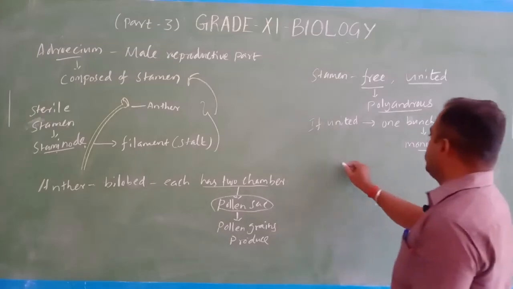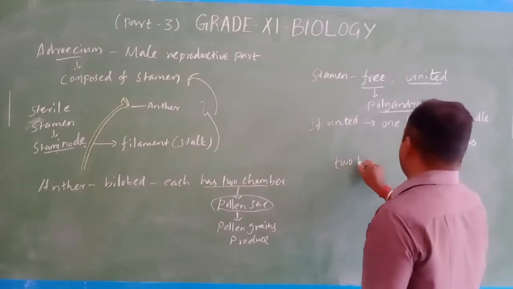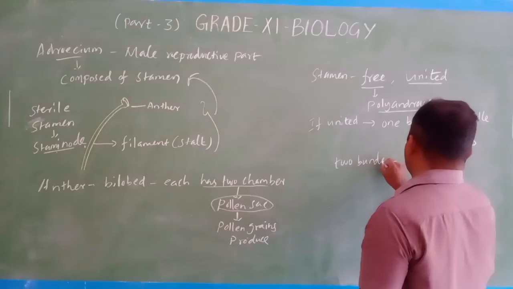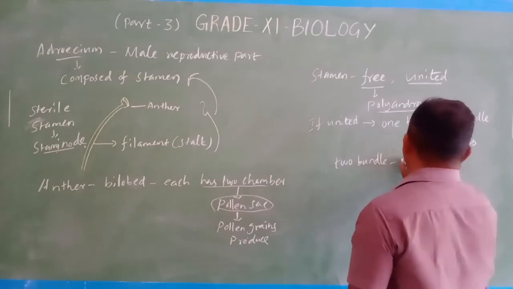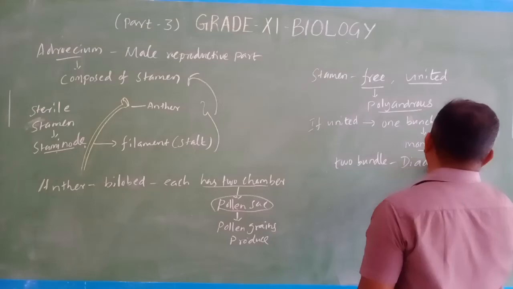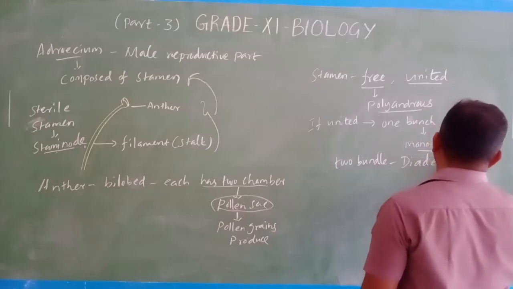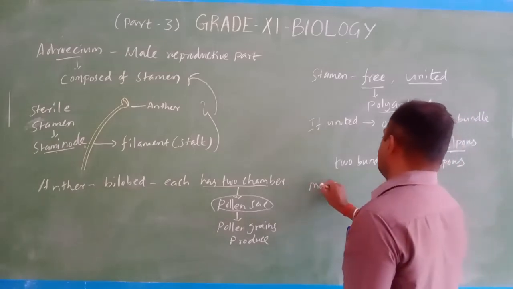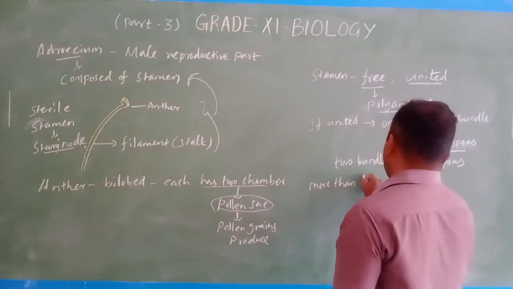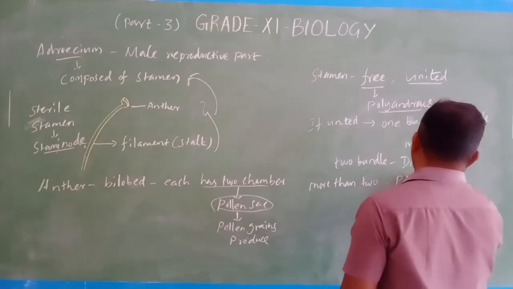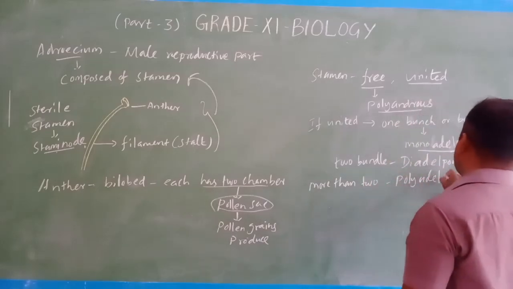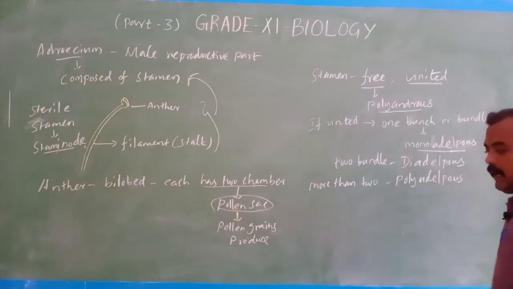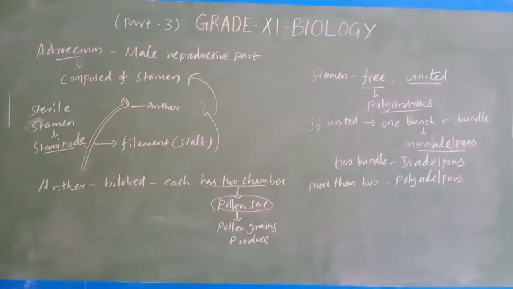If it is two bundles, it is diadelphous. If it is more than two, it is polyadelphous. Monoadelphous, diadelphous and polyadelphous.